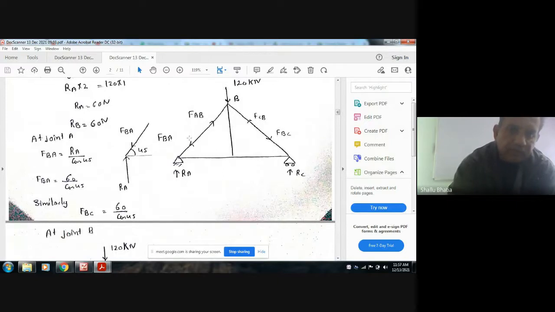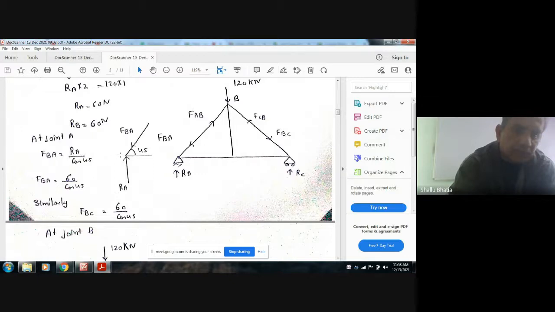Okay, now we found RA. Now taking joint A. At A here there is FBA, the force in member AB, and its reaction is FAB. That will be equal to RA. Now FBA is balancing RA. So the vertical component will be FBA cos 45, which will be equal to RA.